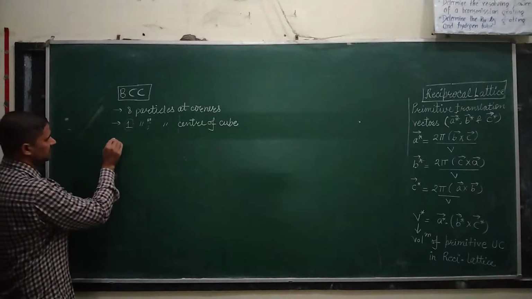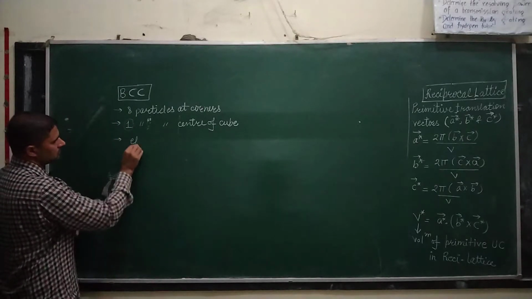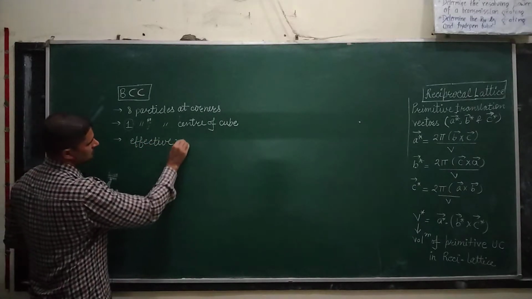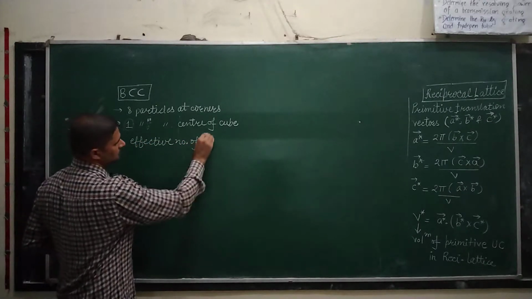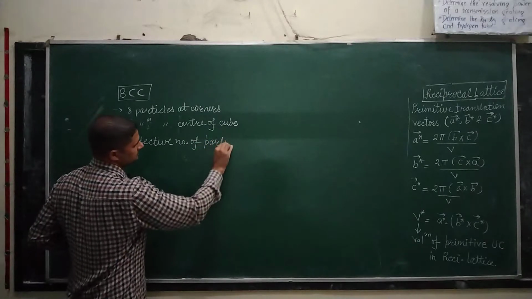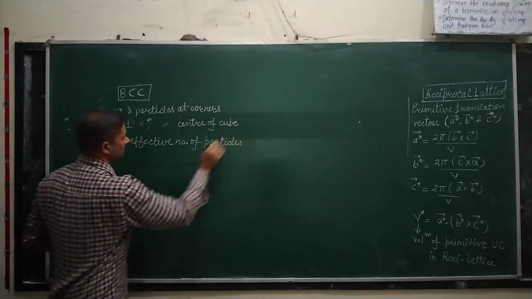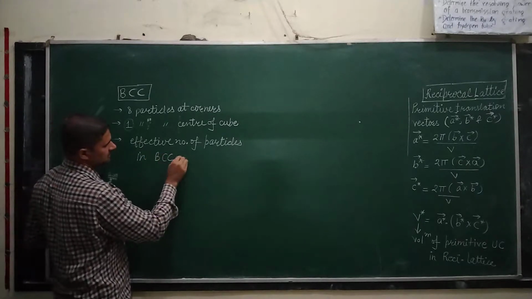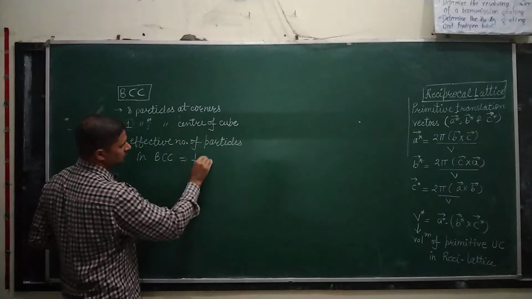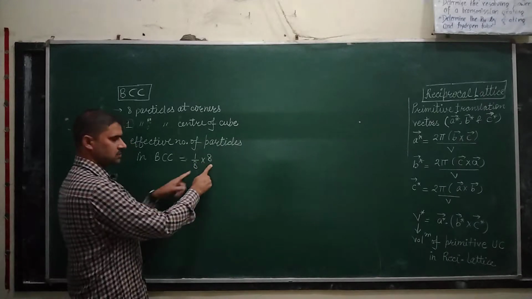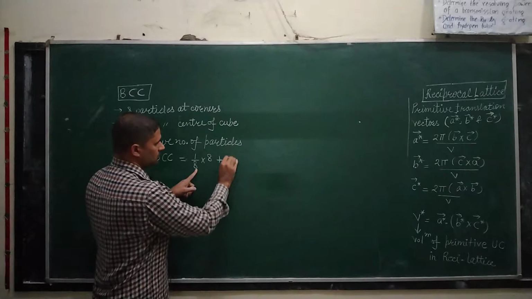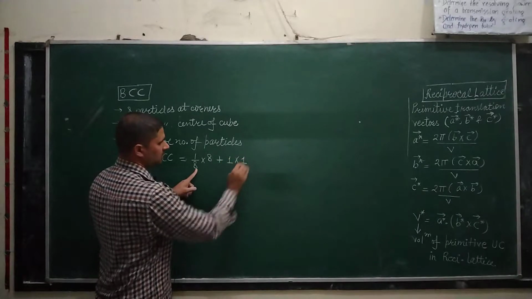So see, firstly the effective number of particles in BCC is equal to 1/8 times 8 plus 1 times 1.